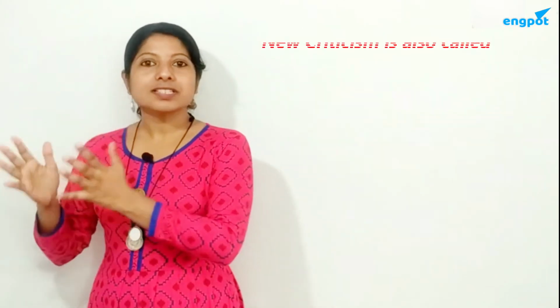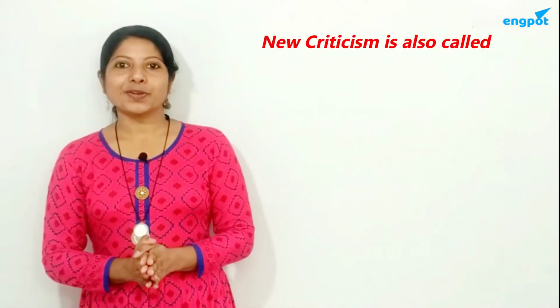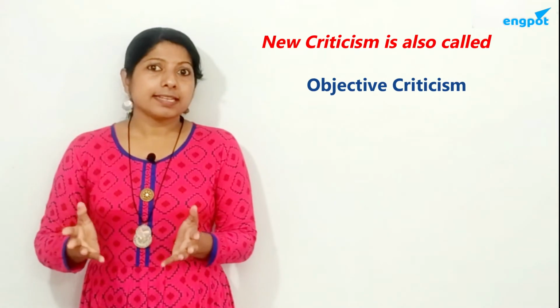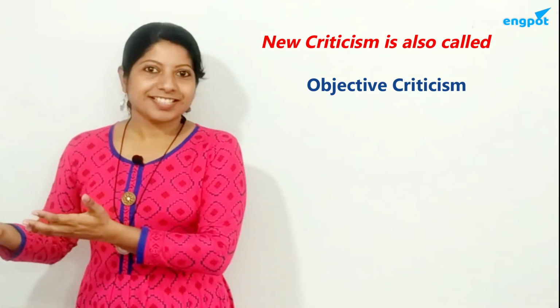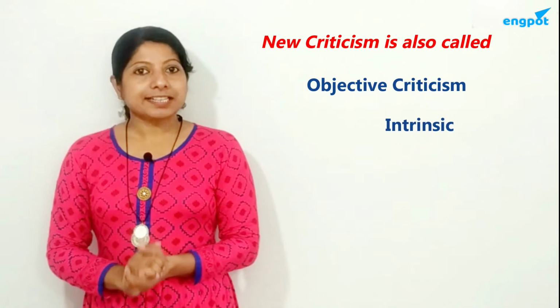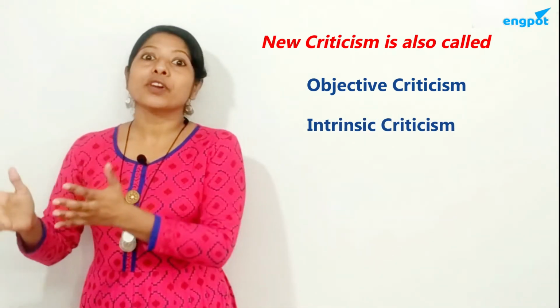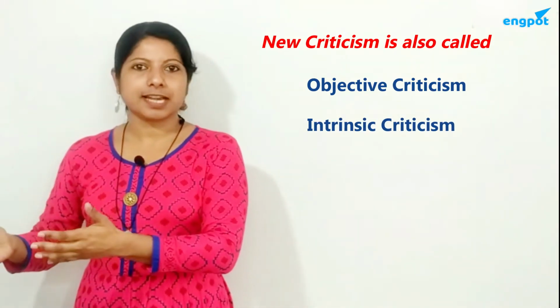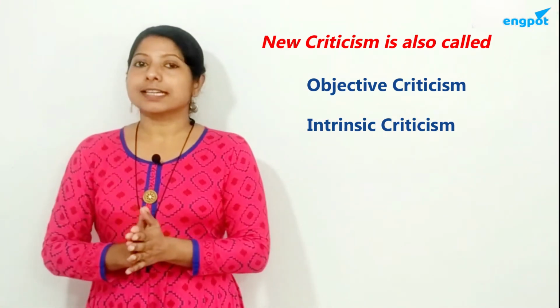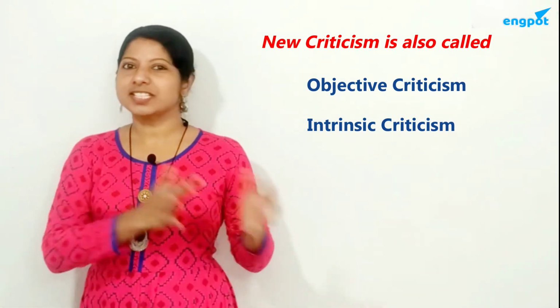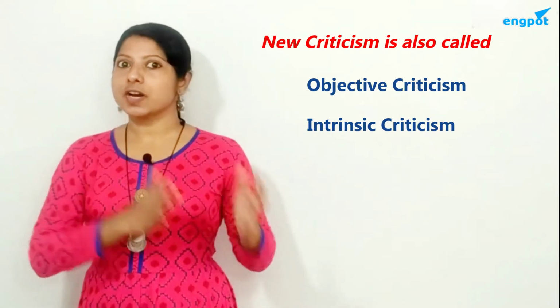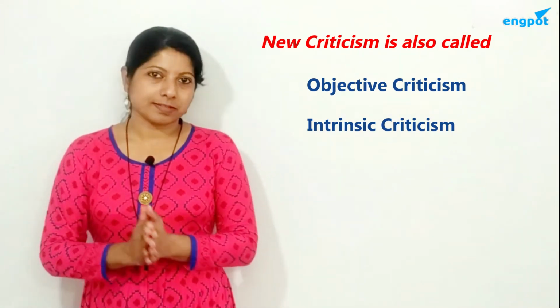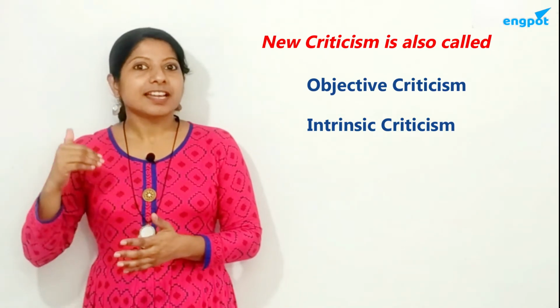And since new criticism focused on the object, which means the text, the words, new criticism is also called objective criticism, and it never focused on the subject. It is also called intrinsic criticism because it gave more importance to the intrinsic features of the text rather than the external characteristics, the extrinsic features or extra-textual materials.